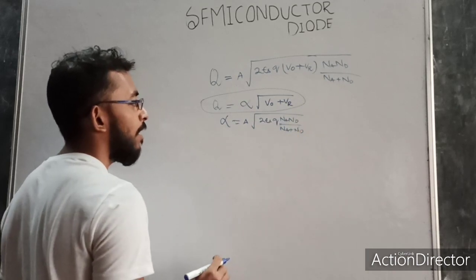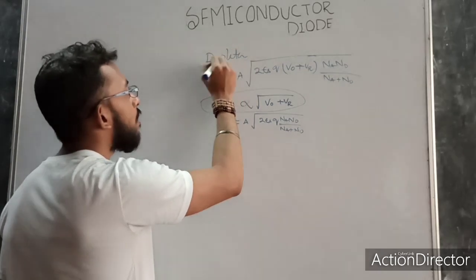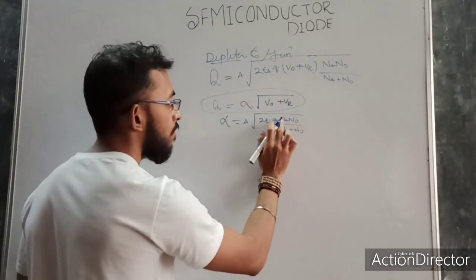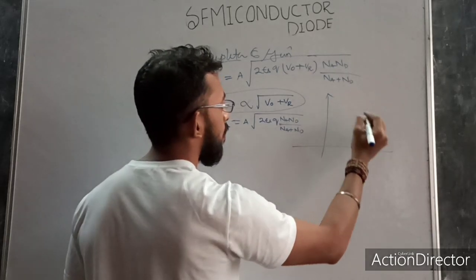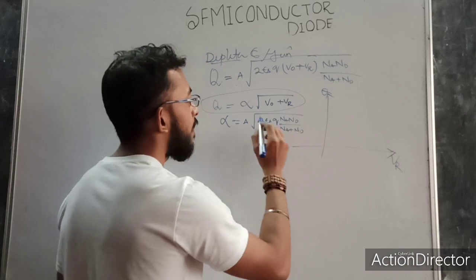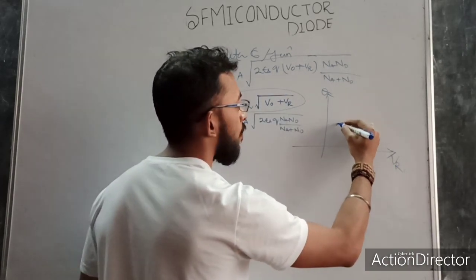When reverse bias is applied, I am telling this is the depletion capacitance or junction capacitance. So if I draw a graph between this reverse bias voltage and charge, it shows it is a non-linear characteristic.